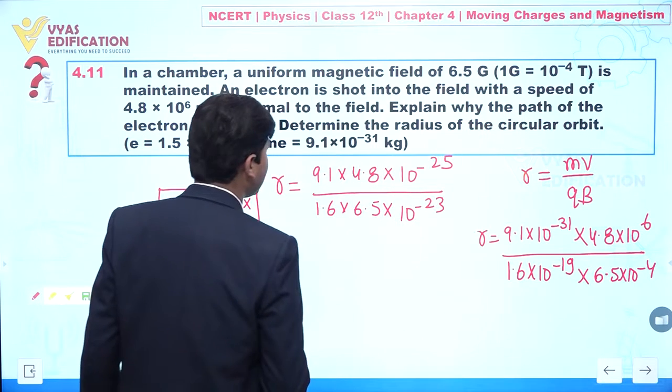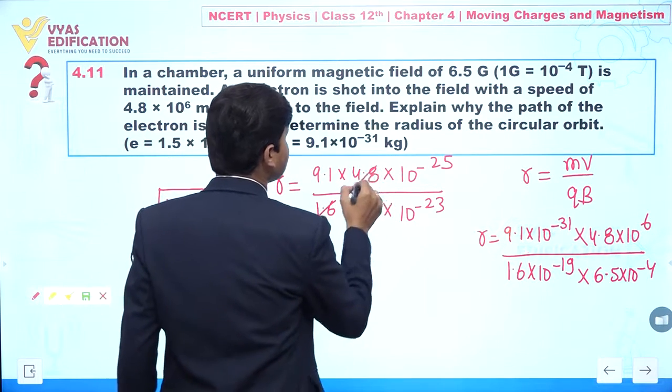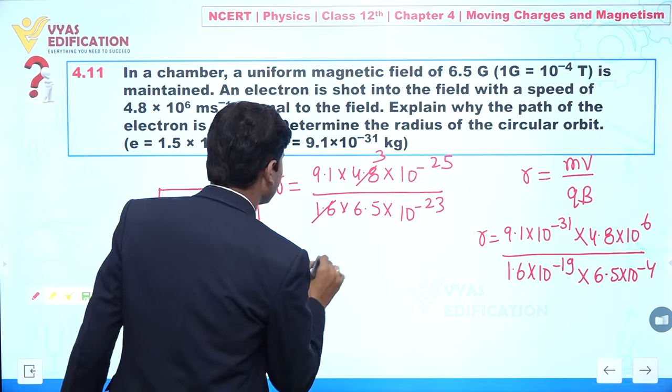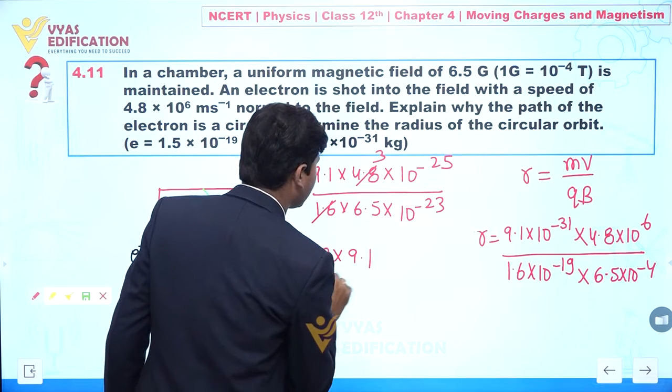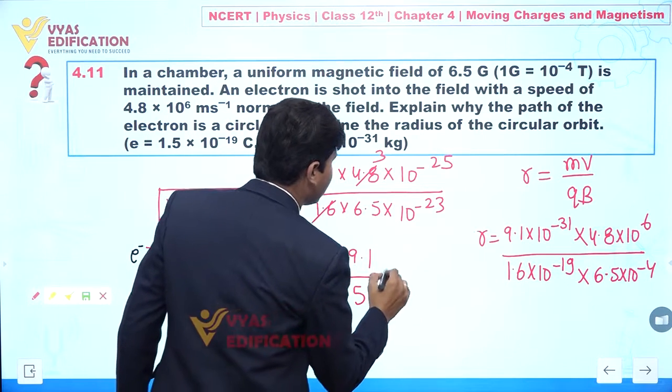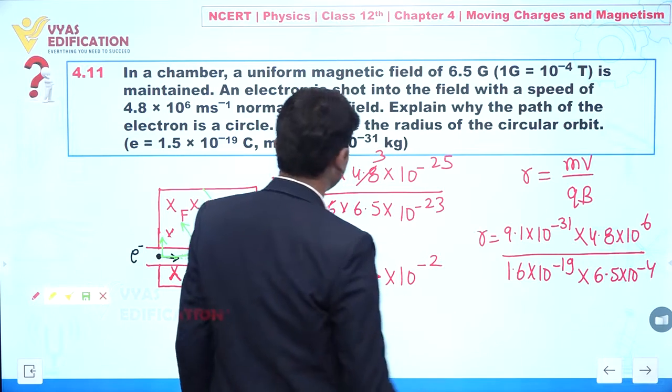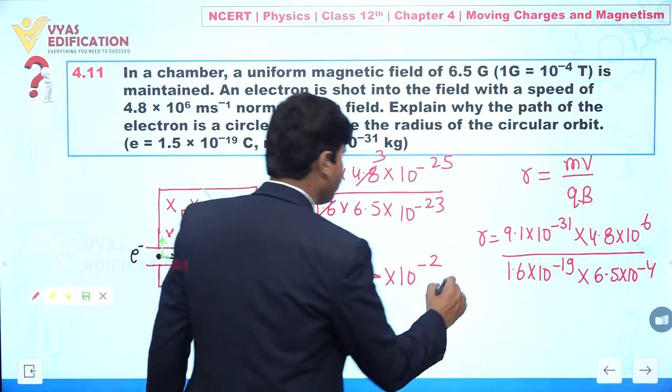From here this one is 3 times. So 3 into 9.1 divided by 6.5, and this is 10 to the power minus 2. And this is in meter.